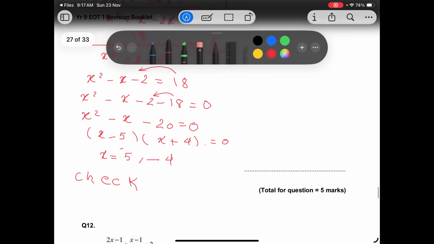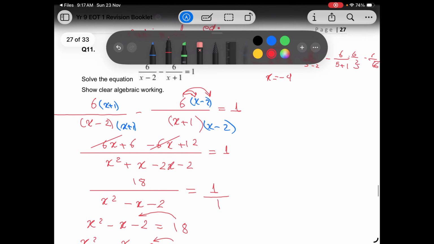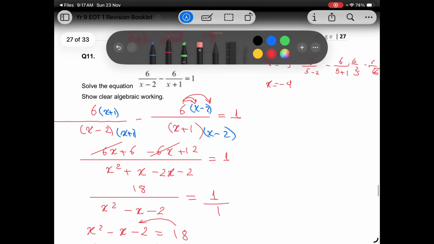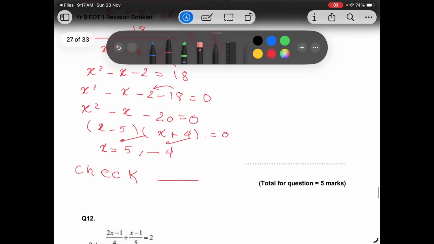So this is correct, and this is correct as well. So in total, we have two solutions, 5 and minus 4. You can write it like this. Let me just capture this, guys. It's 6 over x minus 2 and 6 over x plus 1, so 6 over x minus 2 minus 6 over x plus 1 equals 1.